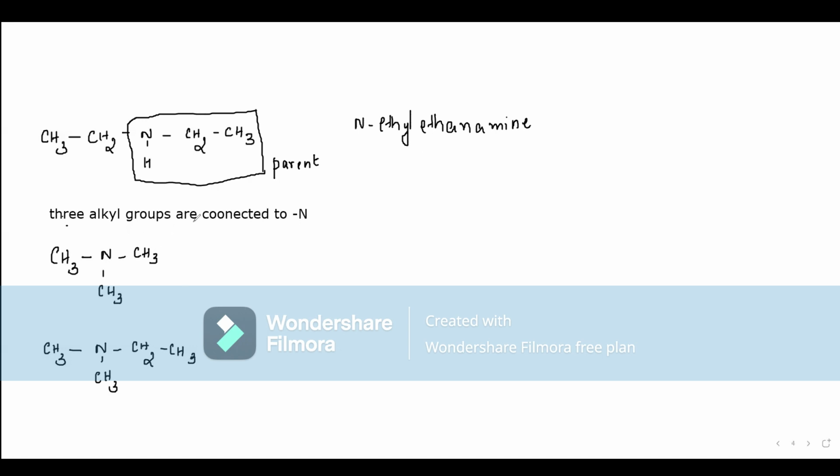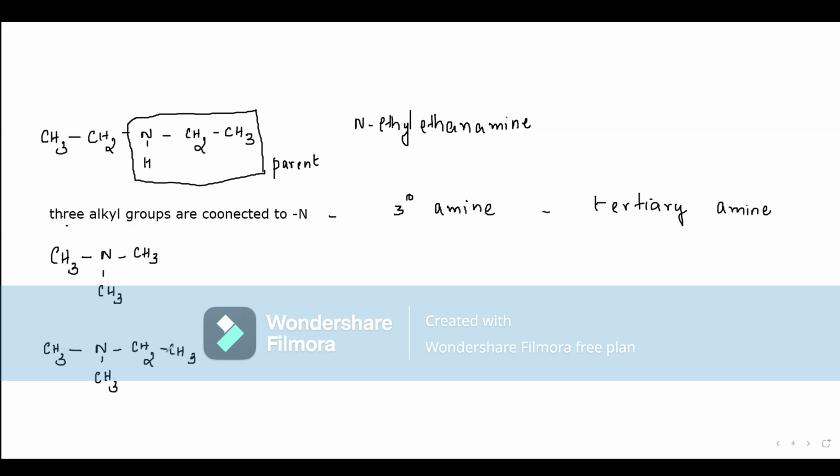Moving on, tertiary amines. In tertiary amines, if three alkyl groups are connected to nitrogen, then it is called a tertiary amine. If two alkyl groups are connected to a NH, it was secondary. When three alkyl groups are connected to N, it is a tertiary amine.